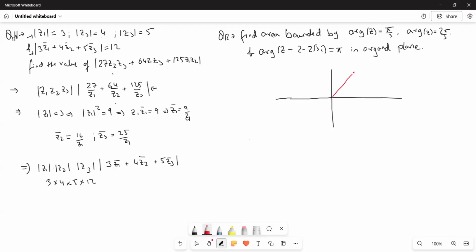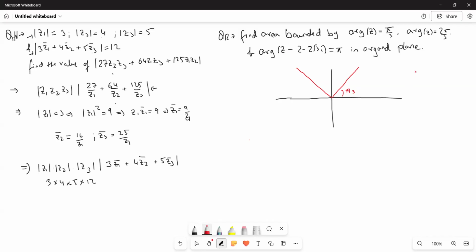तो ये होगा फर्स्ट वाला. Now argument of z is equal to 2 pi by 3 would be a ray of light moving at an angle of 2 pi by 3. तो ये वाला लाइन आ जाएगा. And argument of z minus (2 plus 2 root 3i).